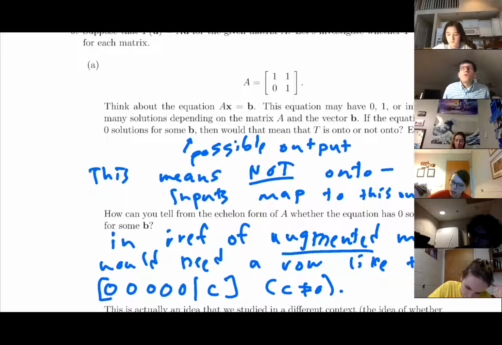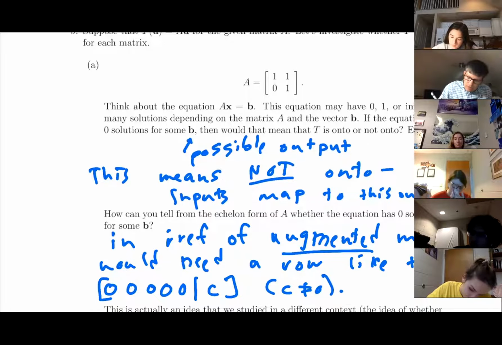That's what I'm looking for. That's the only way to have 0 solutions, to be inconsistent. So when I think about this, again, this is an augmented matrix.